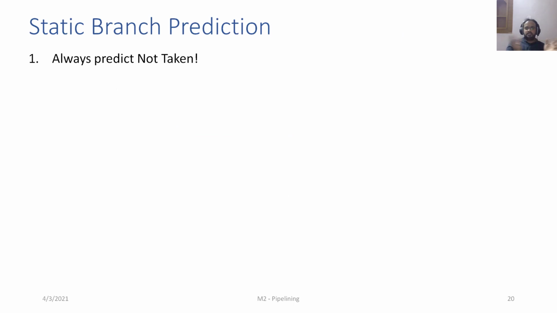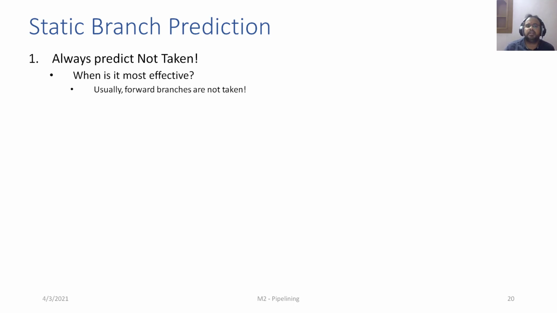Like I said, it remains constant throughout the execution of the program. So one of the simplest predictions we can make is whenever we know that the instruction we have fetched is a branch, we will say always predict it will not be taken. It means that the very next instruction we are going to fetch is the next sequential instruction, right? Now, when is such a prediction most effective?